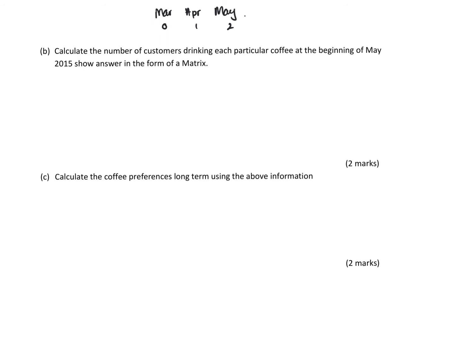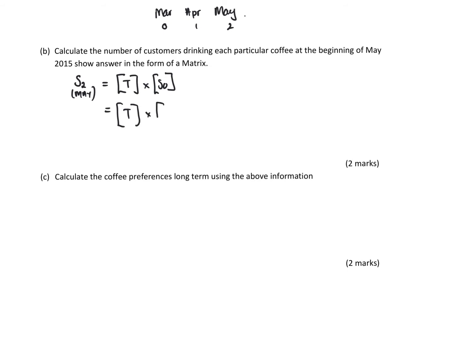To find state 2, you do the transition matrix times S0, the March situation. We type in that big transition matrix in our calculator and then multiply it by S0.